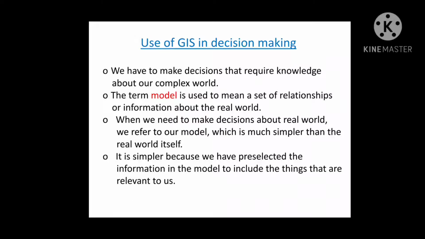When we need to make decisions about the real world, we refer to our model, which is much simpler than the real world itself. It is simpler because we have pre-selected the information in the model to include the things that are relevant to us. Other details that we don't need tend to be selectively forgotten.